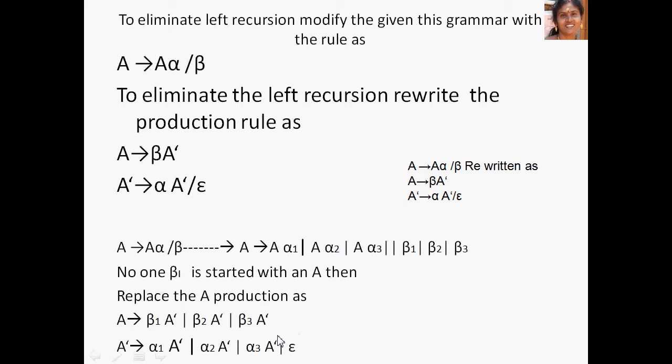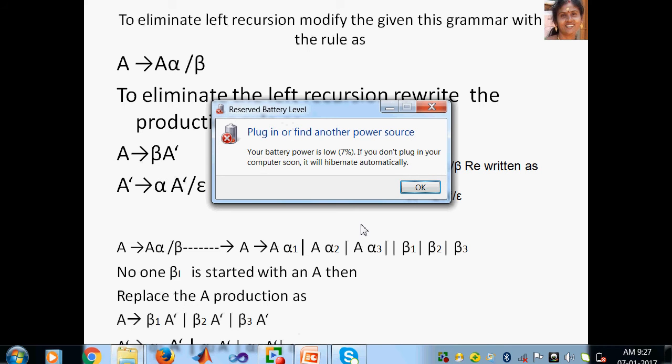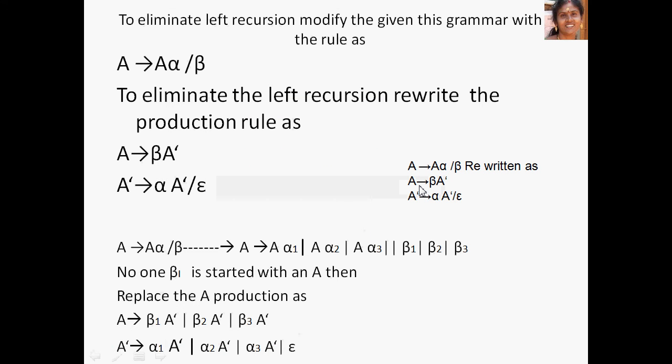If this empty is not given, again it leads to the problem. So for A dash we have given more than one alternative: alpha 1 A dash, or alpha 2 A dash, or alpha 3 A dash, or you have to give empty.